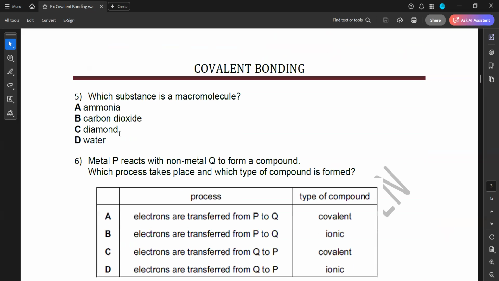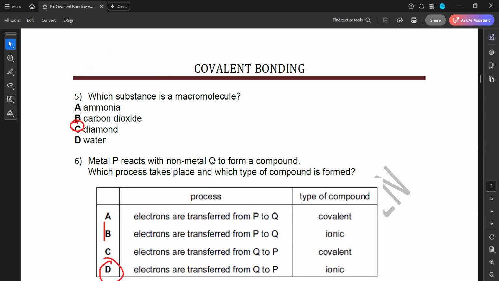Question 5. Any doubt in question 5 and 6? The correct answer for 5 is C. And 6 is D, because electron transfer is there. Sir, shouldn't it be B?